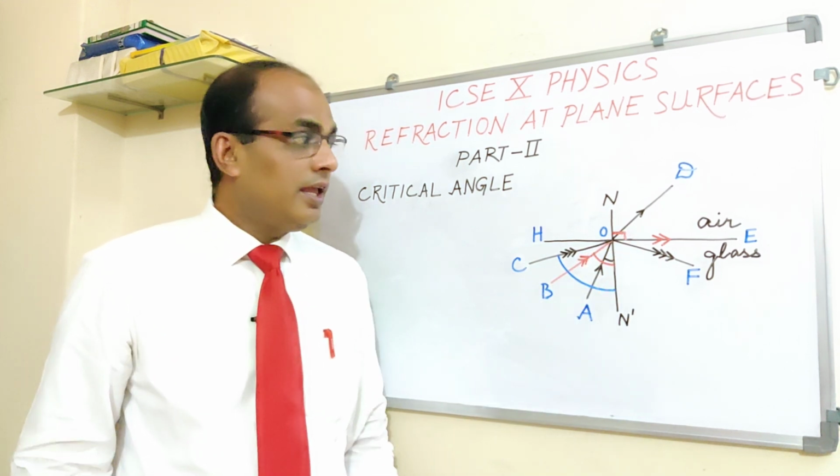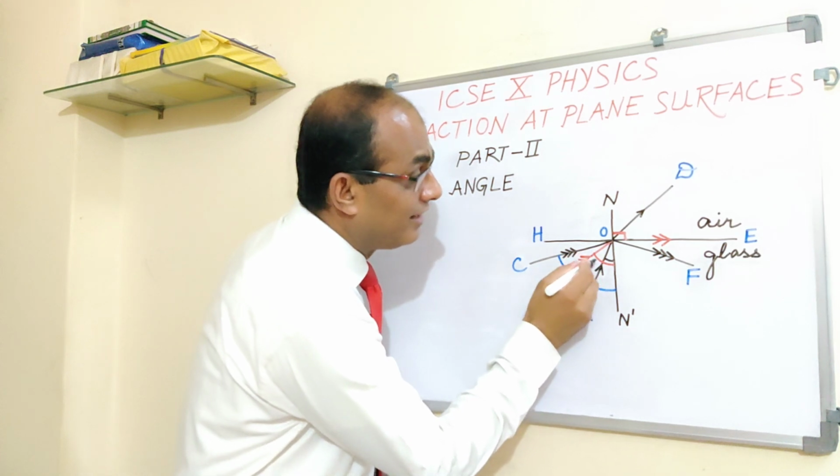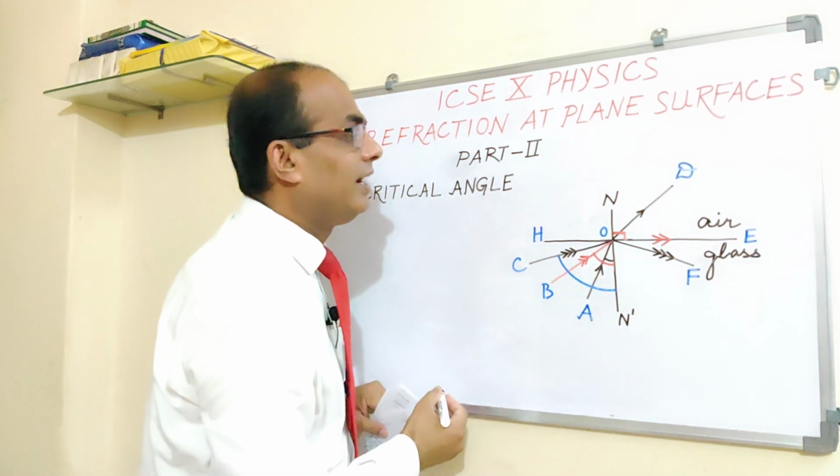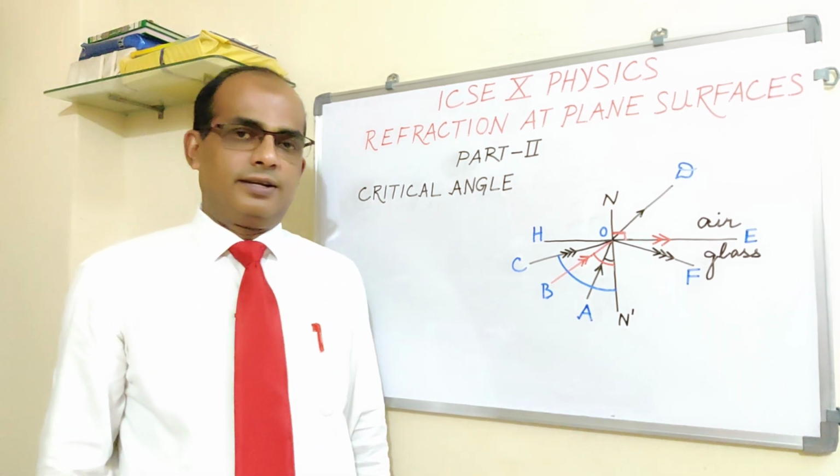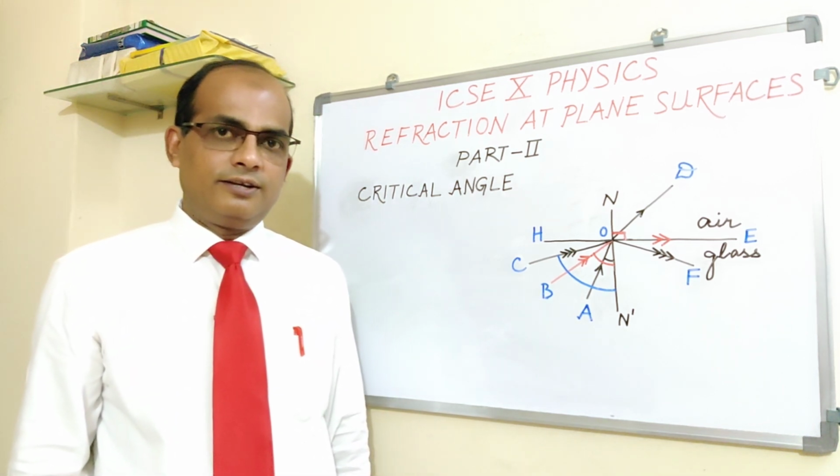Alright. So this angle in red, angle BON dash, is called critical angle. Now can you define critical angle?